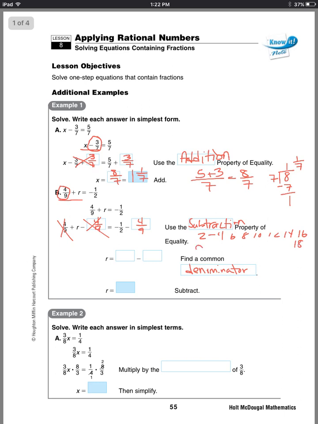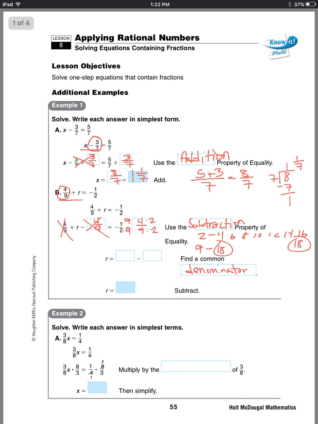And then we have 9, which goes into 18. So we have a common denominator of 18. Now I have to think what times 2 gets me 18? 9. So I multiply the 2 by 9, and I have to multiply the 1 by 9. Then what times 9 gets me to 18? 2. So I multiply the 9 by 2 and the 4 by 2.